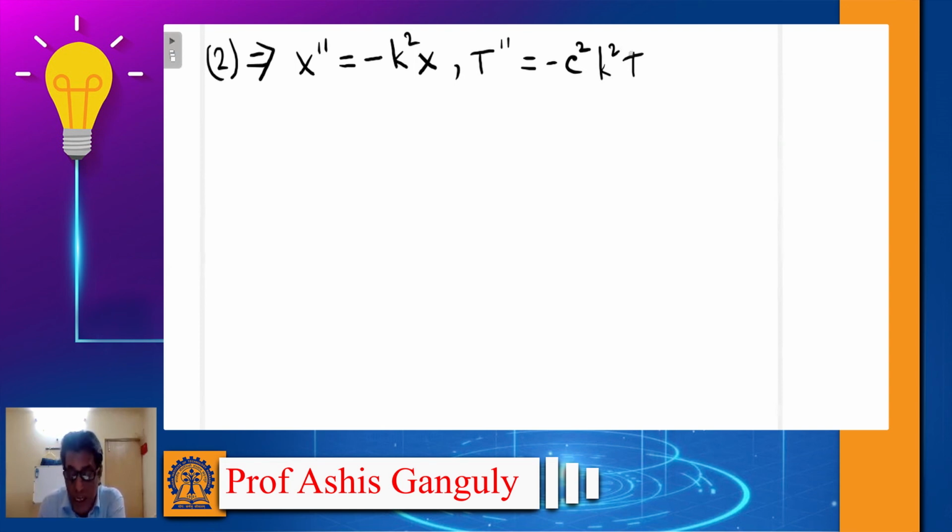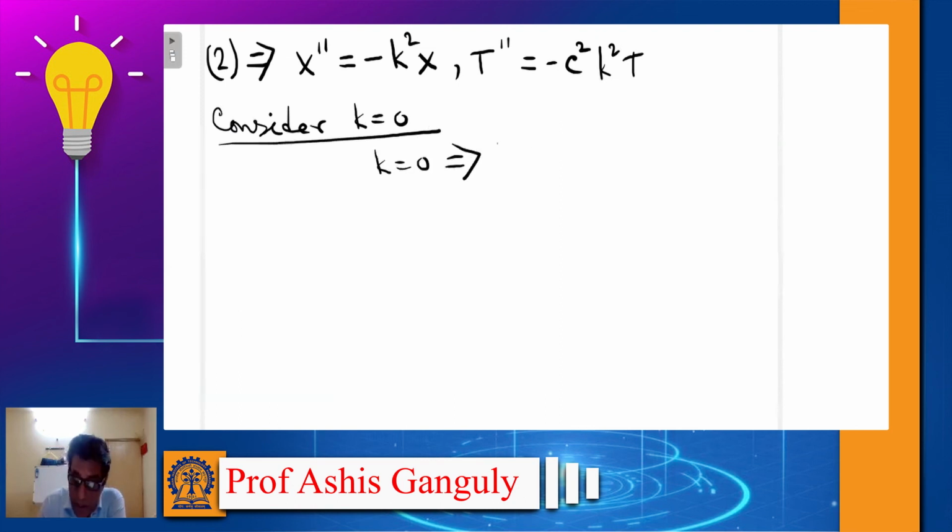So in this type of problem, we always separately consider the k equal to 0 case, whether it is allowed or not, we will see. So consider k equal to 0. K equal to 0 will imply capital X will be ax plus b. And if you apply the boundary conditions, then you will have a equal to b equal to 0.